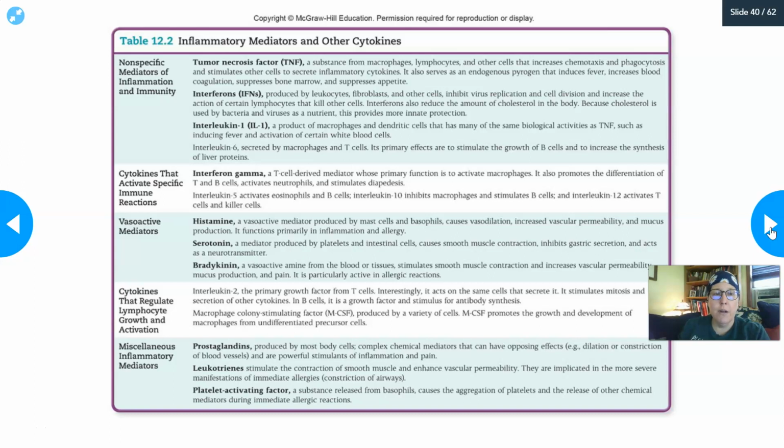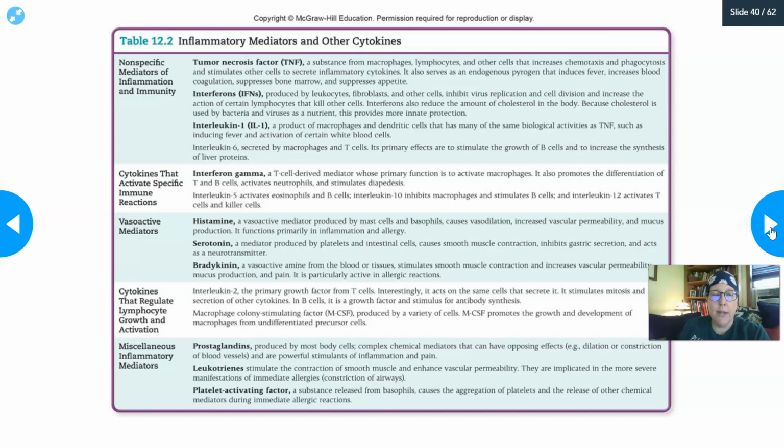We have interferons, and there's several of them, like interferon gamma is a big one. We have interleukins, especially interleukin 1. There are also a bunch of different interleukins, and they have numbers that follow each one. So interleukin 1 is a big mediator of inflammation and immunity.